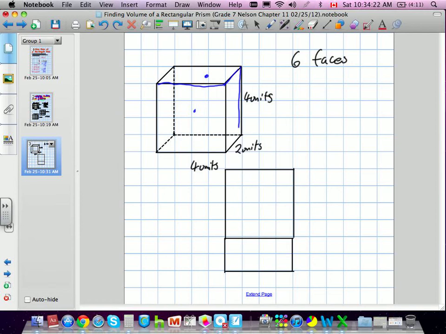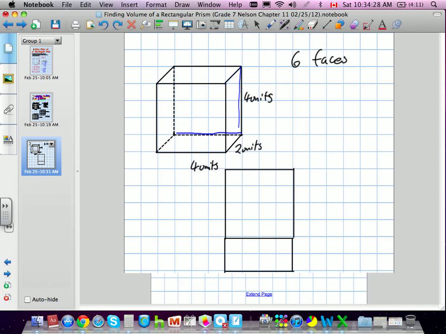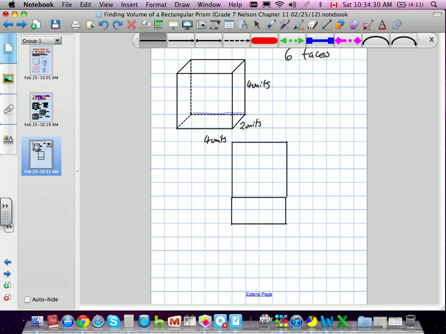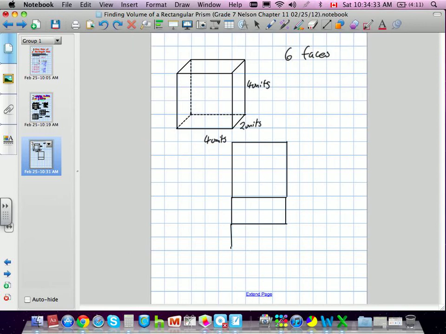Okay. So again, we go 1, 2, 3, 4 by 4. And then what about our bottom face here? Not 1, but yeah, 2 by 4. Okay.